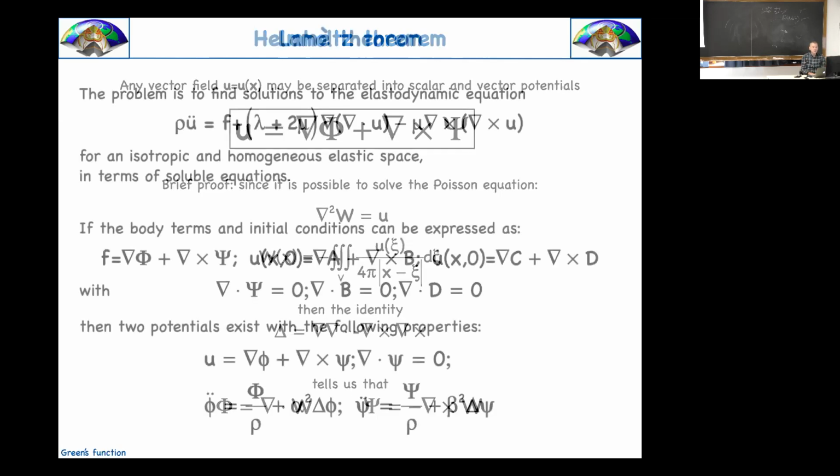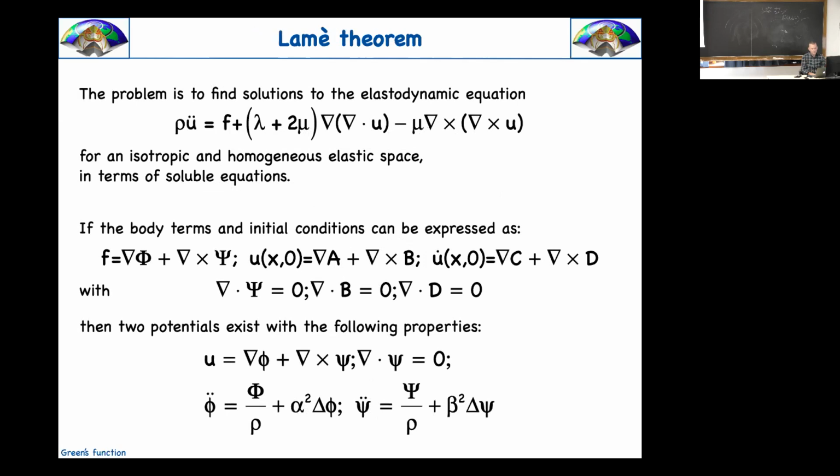Okay, it's time to start. That's the real start for today. This is the elastodynamic equation that is containing two wave equations with this term here. Now today F is a real body force.